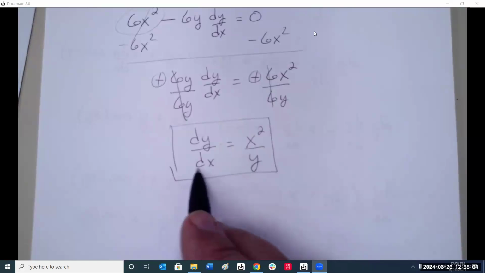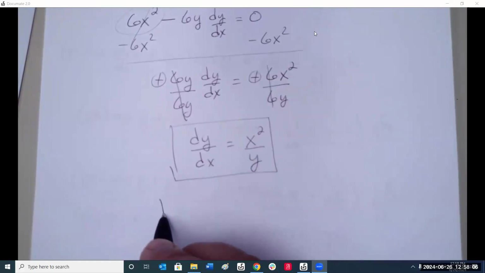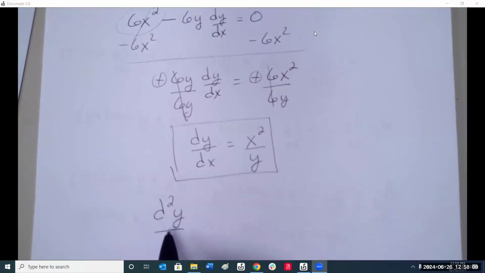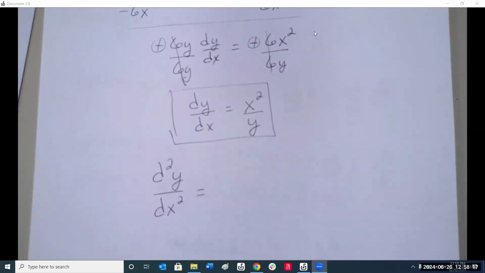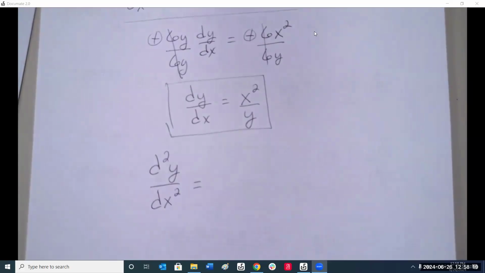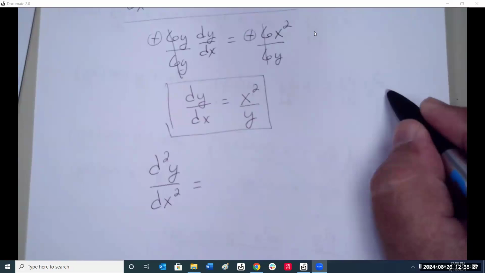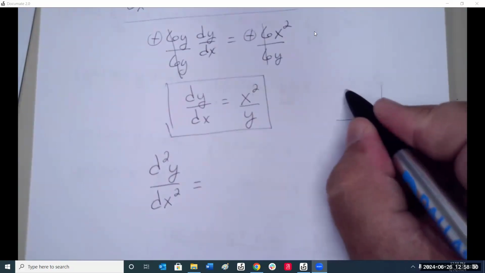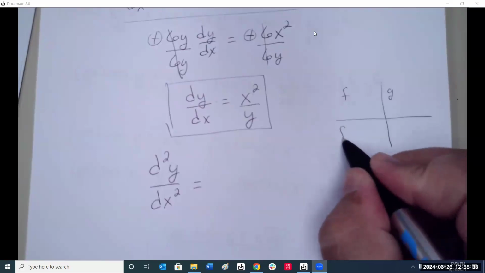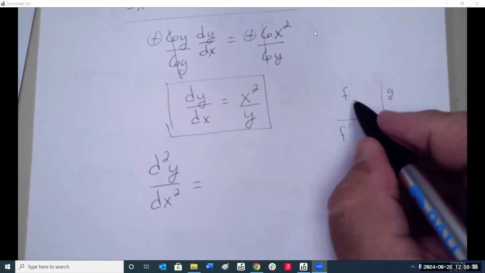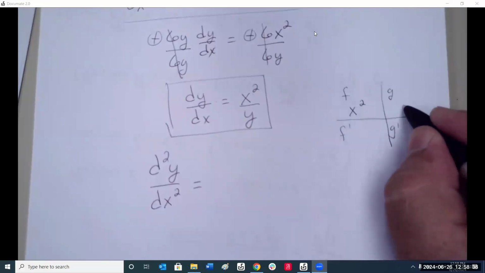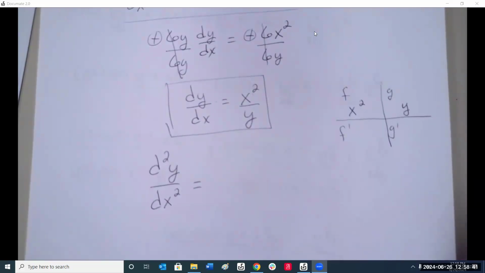Now we got to take the derivative of this equation. So the derivative of the derivative is d squared y over dx squared. Now we got to take the derivative of this side. We have a quotient. f is x squared, g is y.